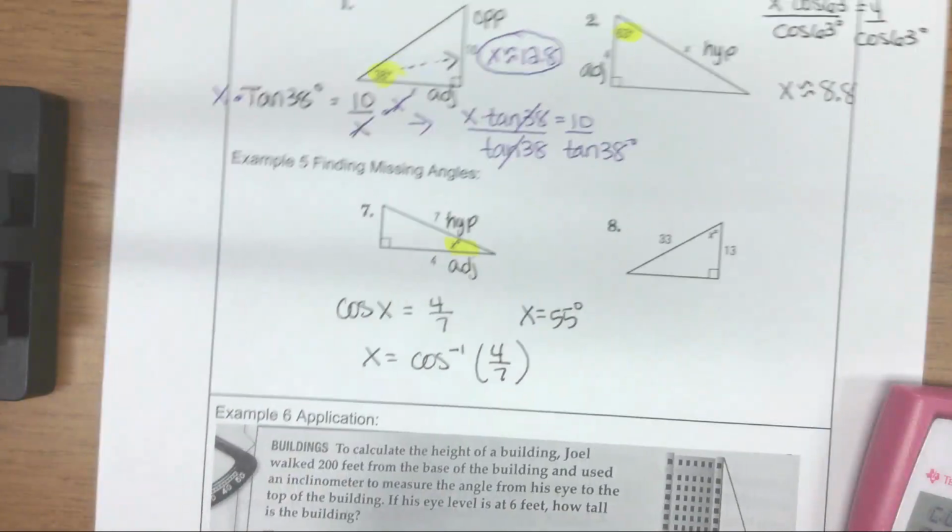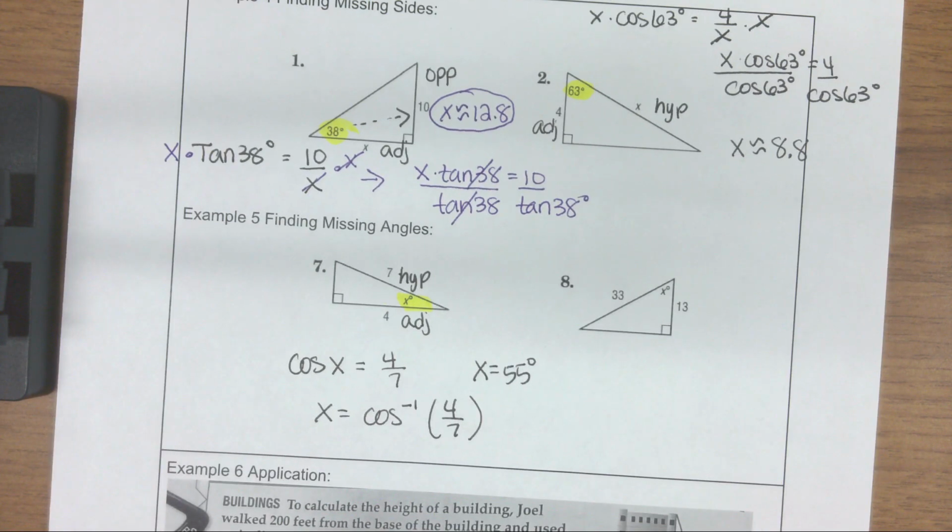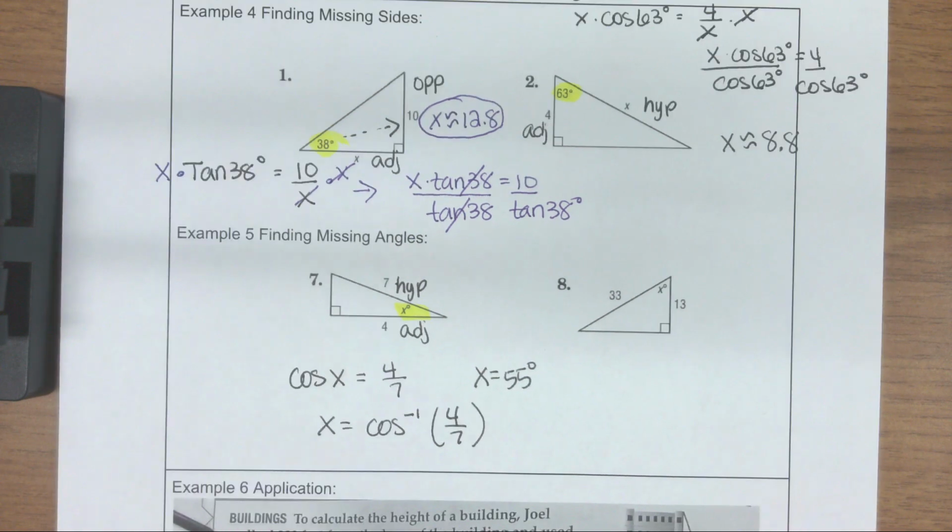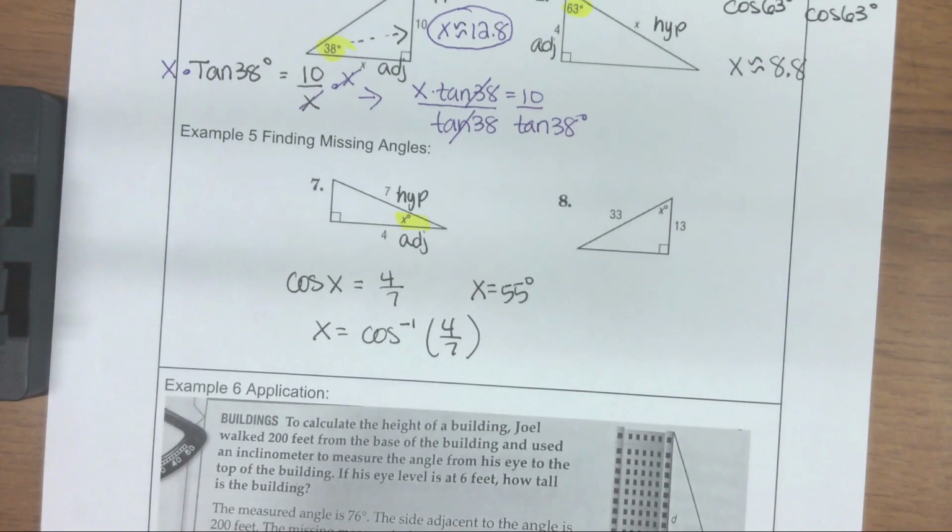Okay, would you guys try number 8? I should have done another one besides cosine. This is cosine inverse again, isn't it?